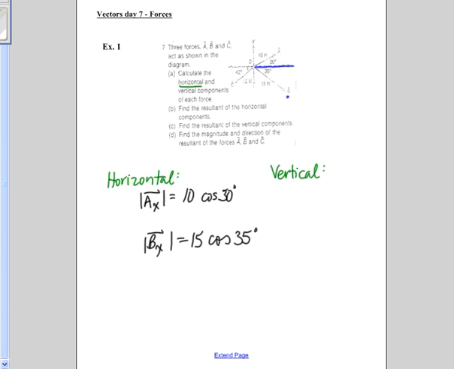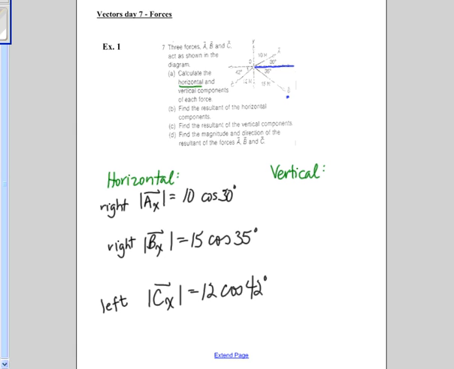When we get our answers for both of these, our horizontal component will be to the right, or positive, to the right, for vector B as well. For vector C, the horizontal component is going to be to the left, and we should keep that in mind. Vector C has magnitude of 12, cos 42 degrees. Those three will give us our horizontal components.